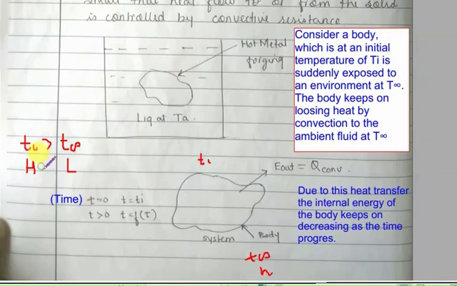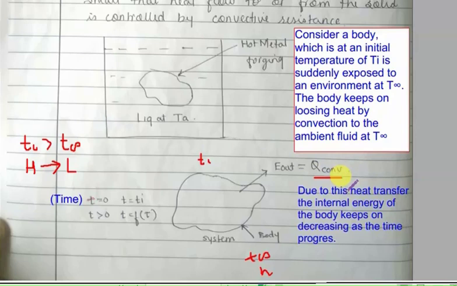So the heat is flowing out from this body into the environment by convection. Here we are assuming that conduction resistance is very small, because the K value tends to infinity. So the heat is moving out into the surroundings by the convection mode of heat transfer.